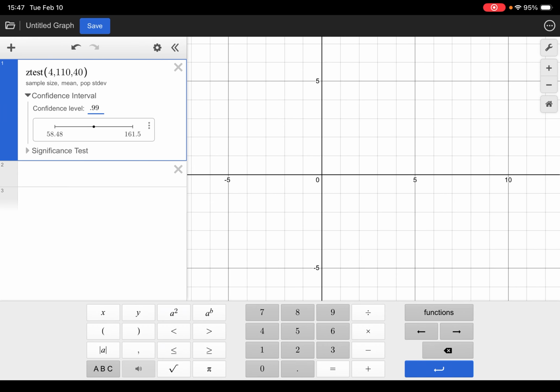And the biggest mistake that can happen here is that you don't convert your percents into decimals, or you don't convert them correctly. So for example, this was 2.5%. 2.5% as a decimal is 0.025.